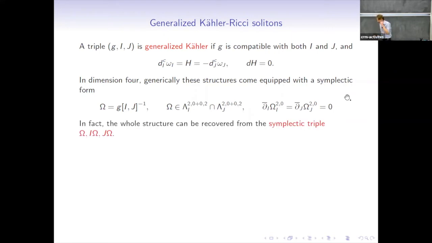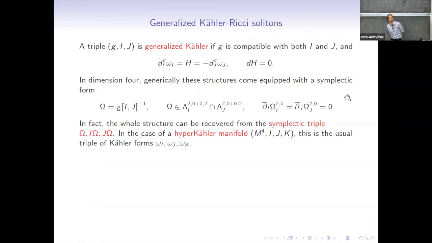Basically, the whole structure can be recovered from this symplectic triple. So in the locus where you have this description, omega and then the I imaginary and J imaginary parts give the whole structure. In the case of a hyperkähler manifold, this is just the usual hyperkähler triple.